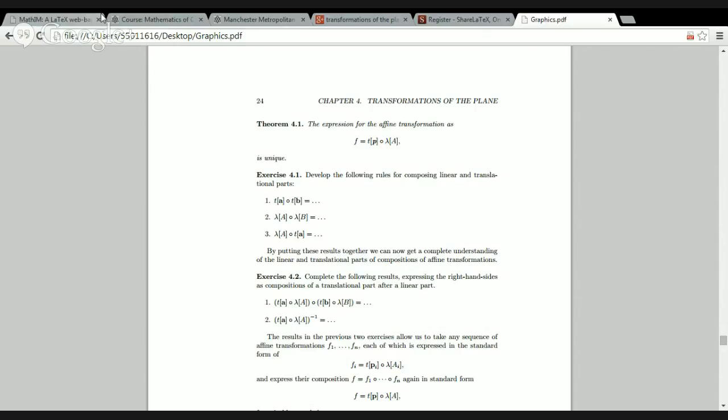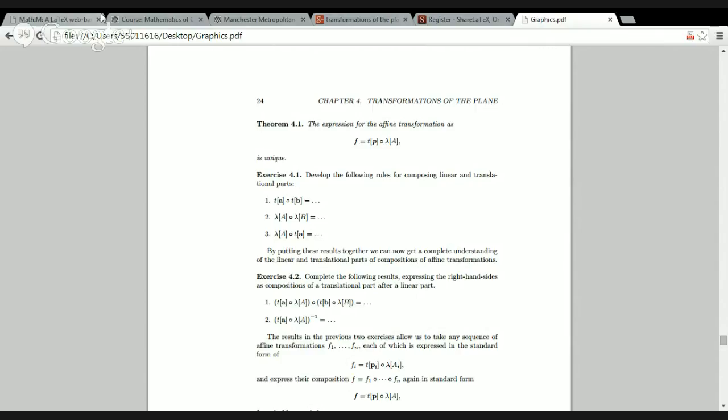But some of the things that you're being asked to do in exercise 4.3 is, well, find the standard form representations for f squared, f cubed, say. So f squared, which means f composed with f. f cubed would be f composed with f composed with f.